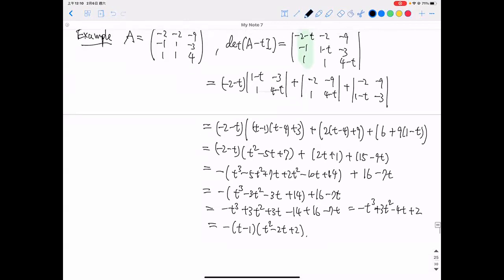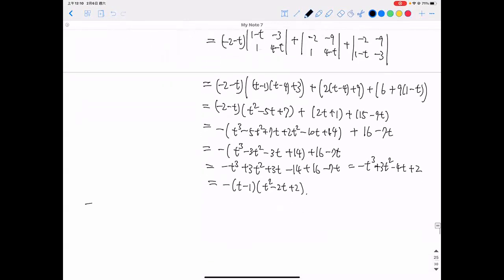Okay, so the eigenvalues are t equal to 1, and whatever this is, 2 plus minus the square root of 4 minus 4 times 2, that's 8. So square root of negative 4, that's 2i.